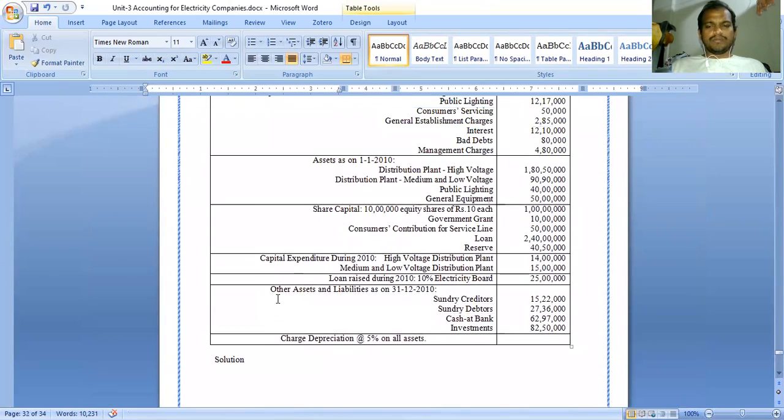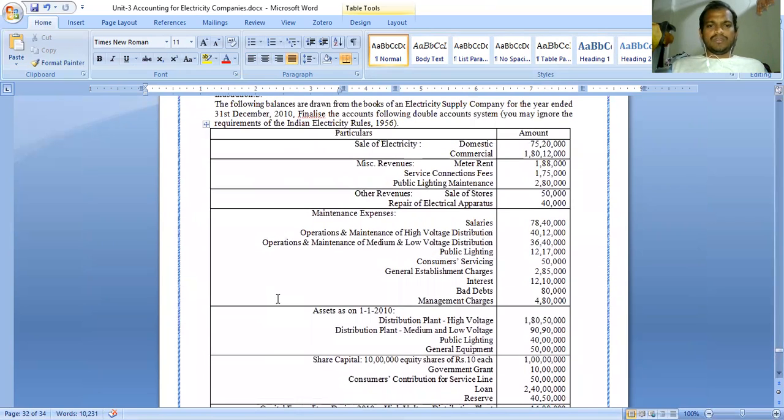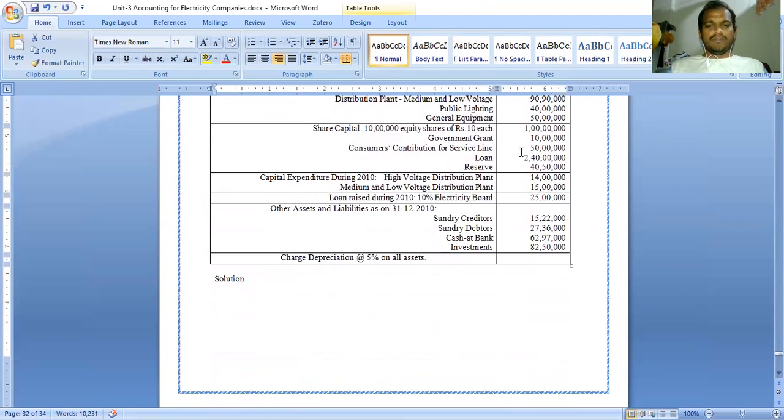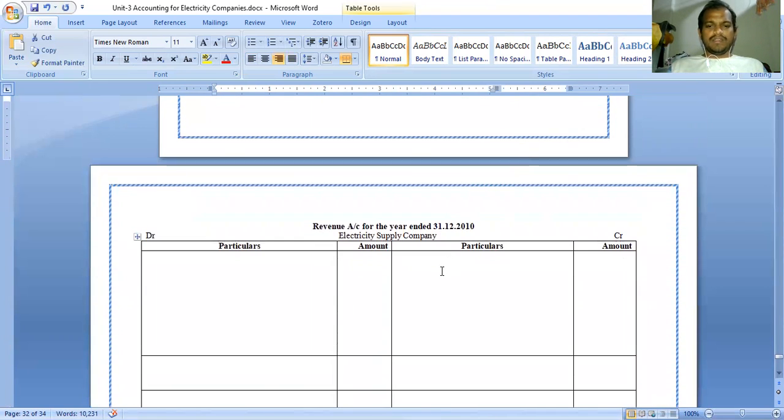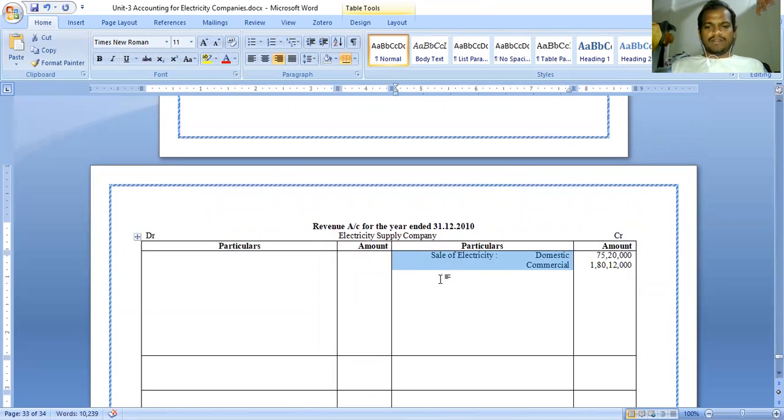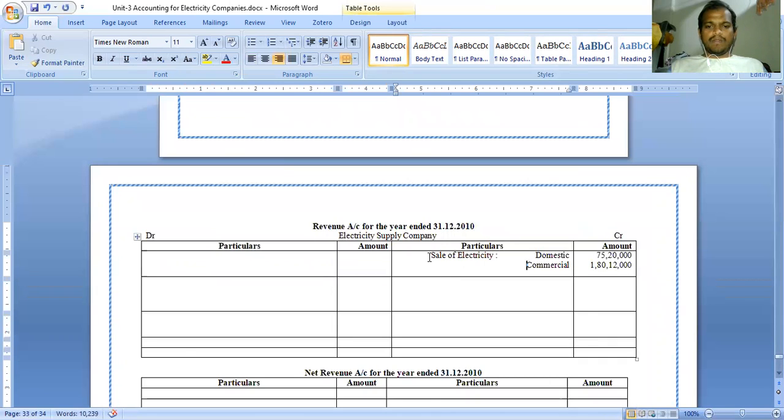So with this small description, we'll move on to solve the problem. So first one, sale of electricity, that is domestic and commercial. So it is a revenue. We have to mention it in the revenue side, by sale.